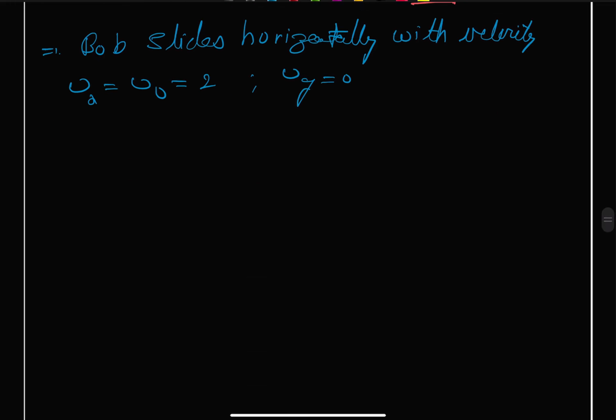And now we have to find out the position and velocity when the string becomes taut.